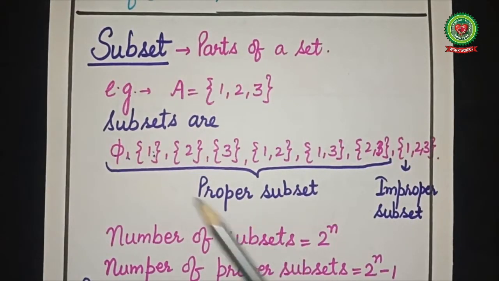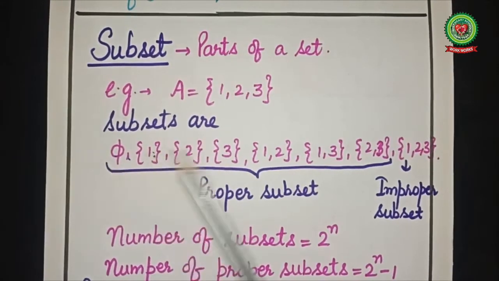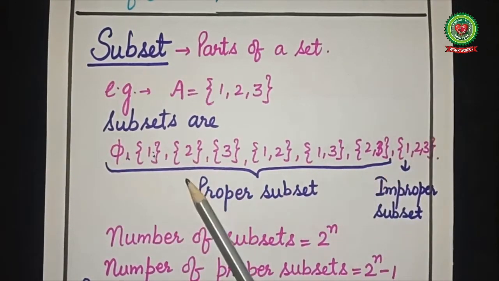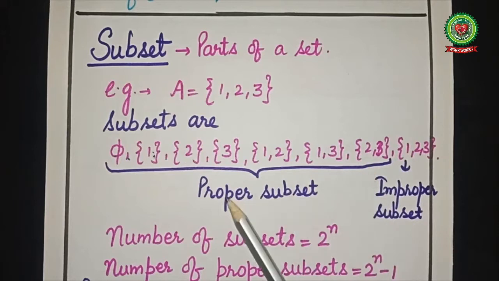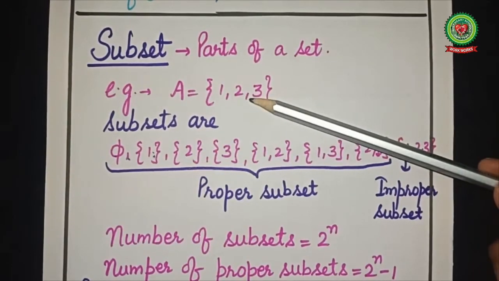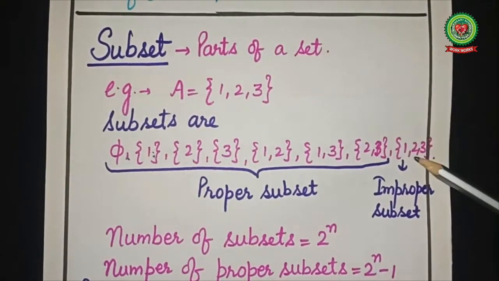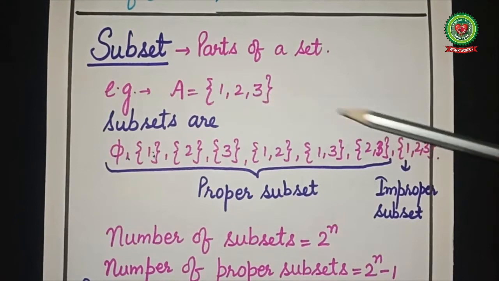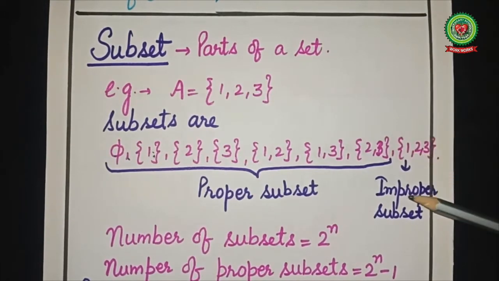All these are the subsets of a set. Now, out of this, from phi till {2, 3}, these first sets are called proper subsets because their elements are less than the given set. And the last subset that contains the same elements as A is called an improper subset. Now we have a formula to find the number of subsets.